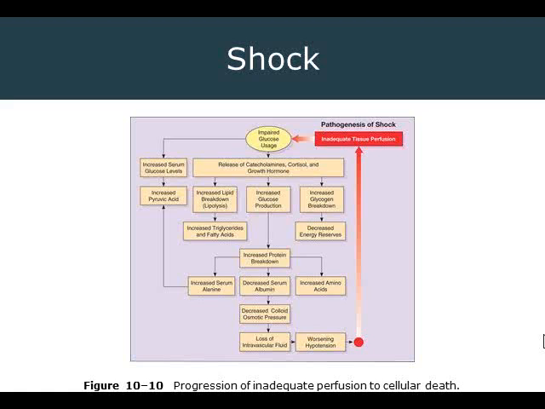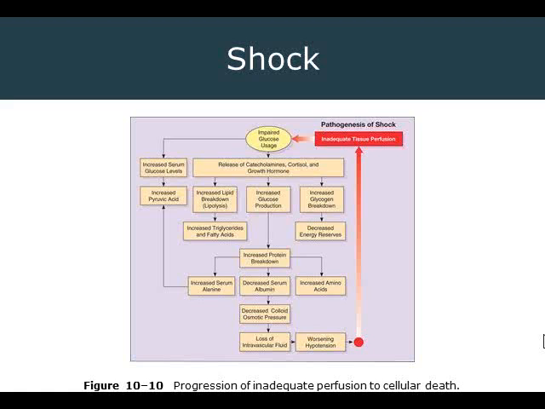It's going to also release the catecholamines, cortisol, and growth hormone. Catecholamines being mainly epinephrine and norepinephrine, as well as dopamine and a few small other ones. Cortisol is a stress hormone, and of course growth hormone has to do with growth.